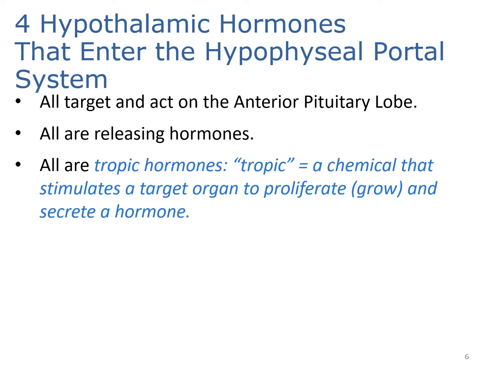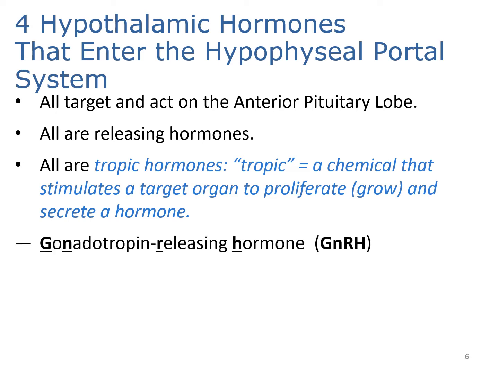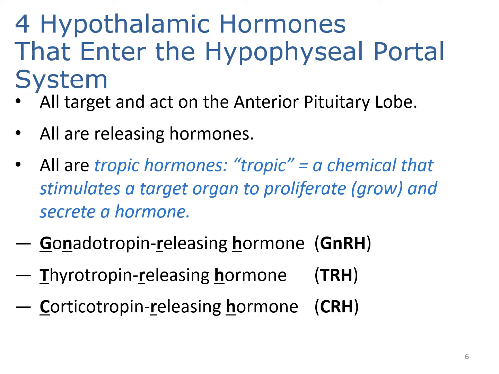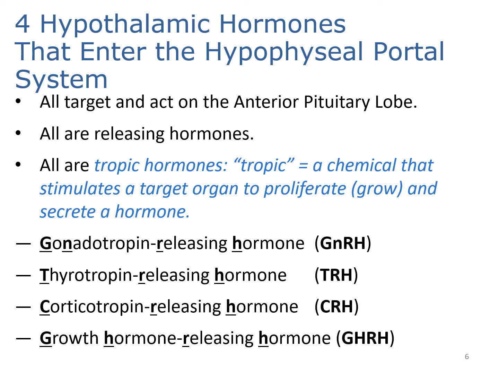Remember, a tropic hormone is a hormone that targets other endocrine organs or tissues, causing the release of hormones from those tissues. These four include gonadotropin releasing hormone, thyrotropin releasing hormone, corticotropin releasing hormone, and growth hormone releasing hormone.